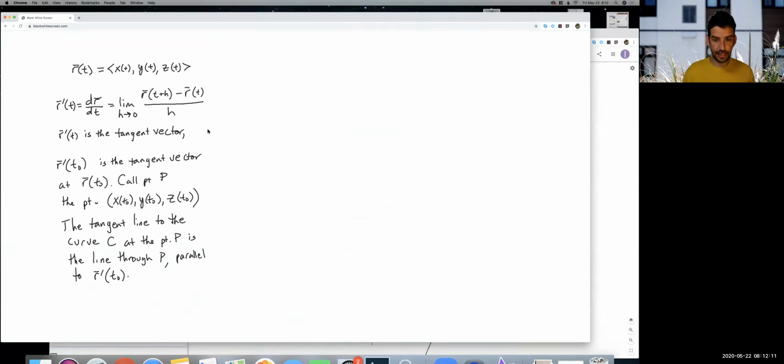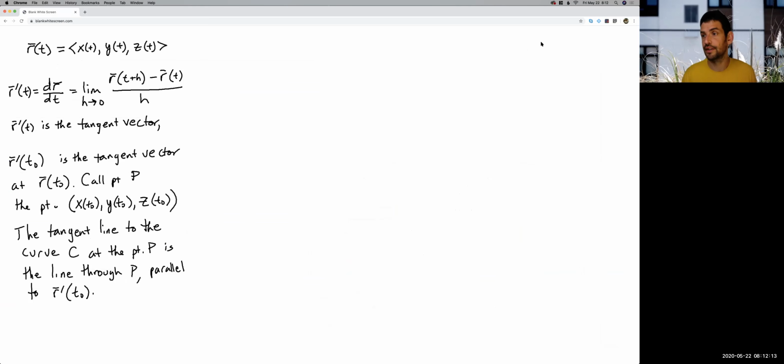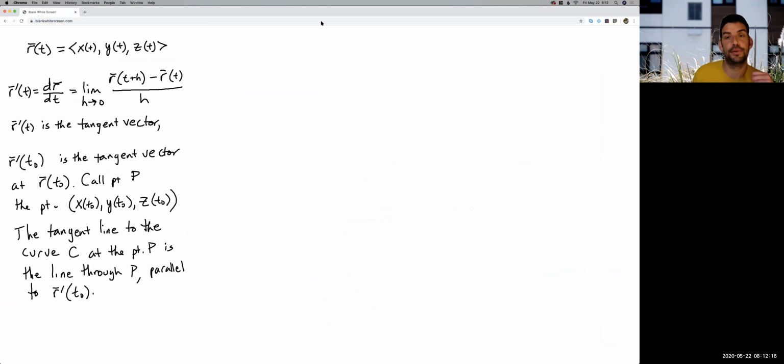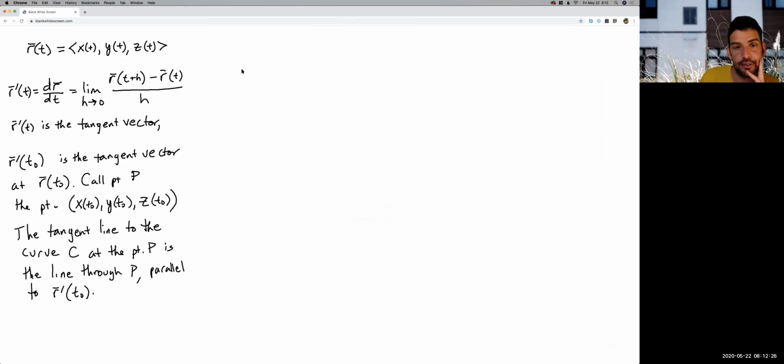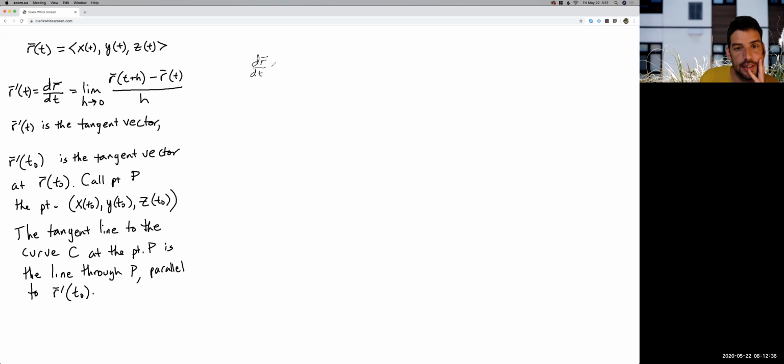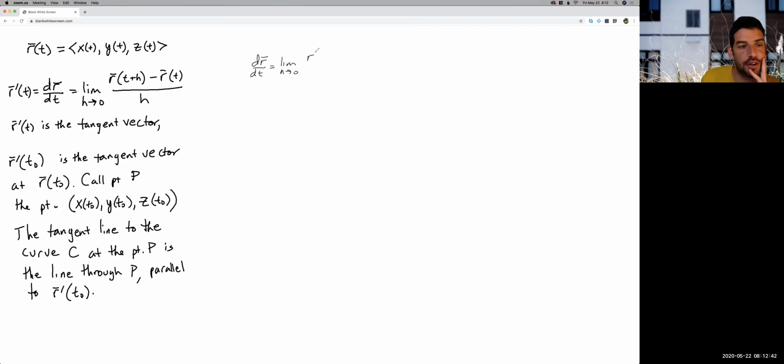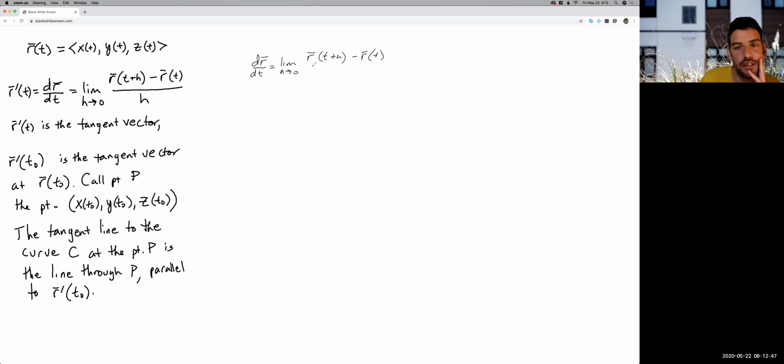Okay, let's talk about computing these things. It's pretty straightforward to compute them. If you remember from our definition of limits for these vector functions, let's write this: dr/dt, which is equal to the limit as h goes to 0 of r of t plus h minus r of t, over h.